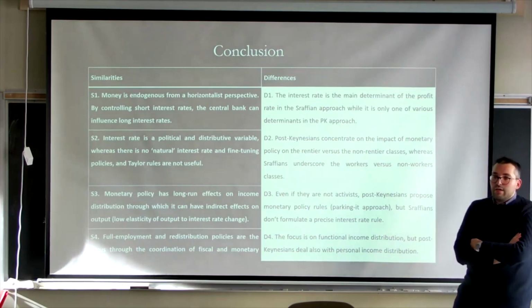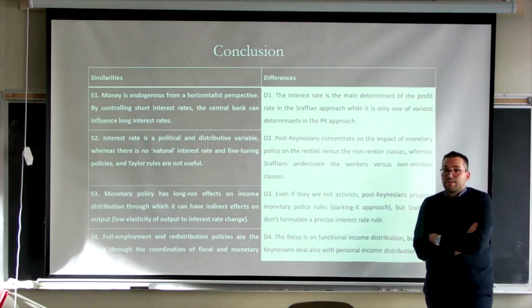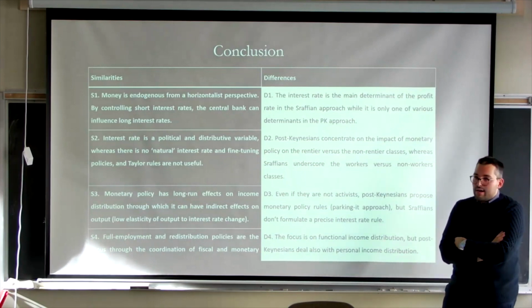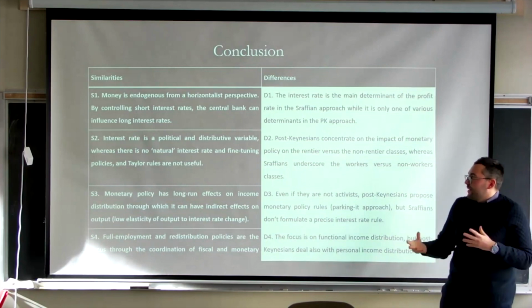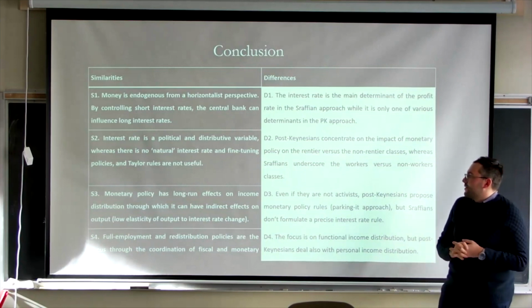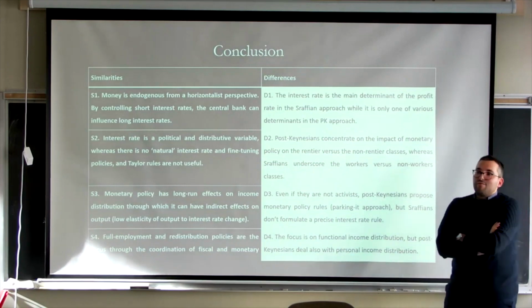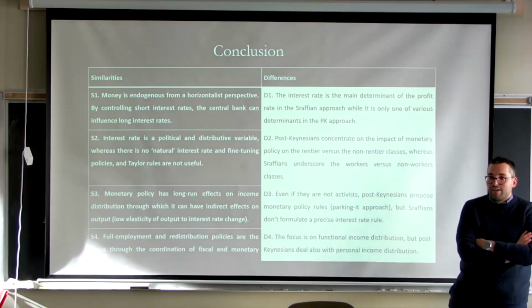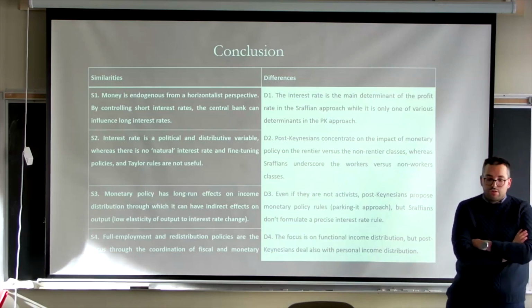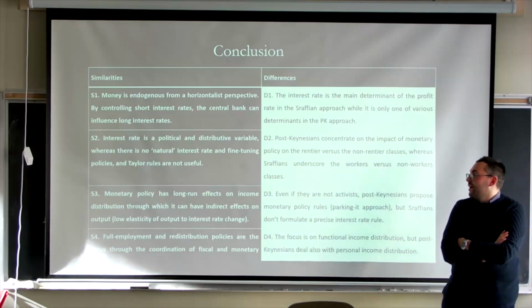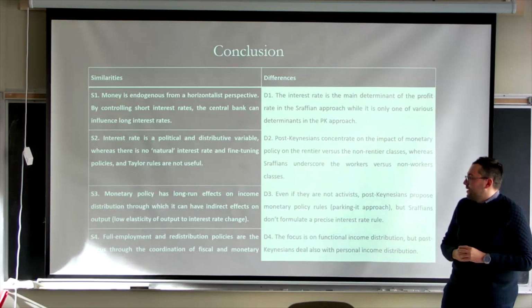There is no natural interest rate, and there is a strong refusal of fine-tuning policies, as in the neoclassical Taylor rules. In both frameworks, monetary policy can have long-lasting effects on income distribution, and there is a low elasticity of output to interest rate change.